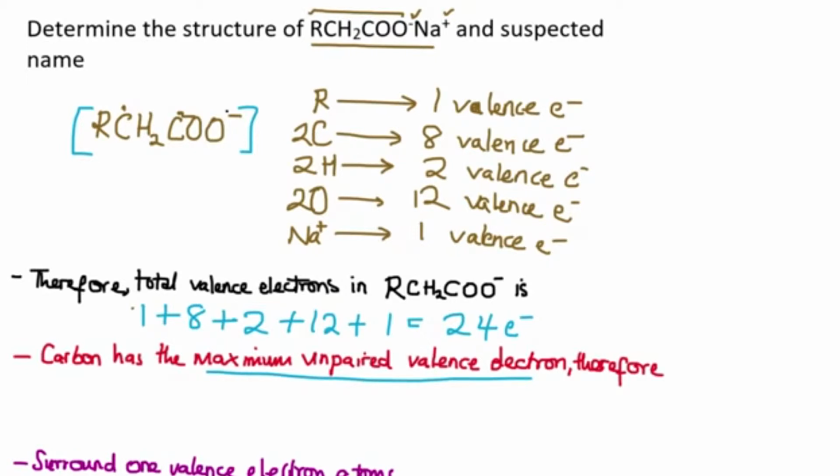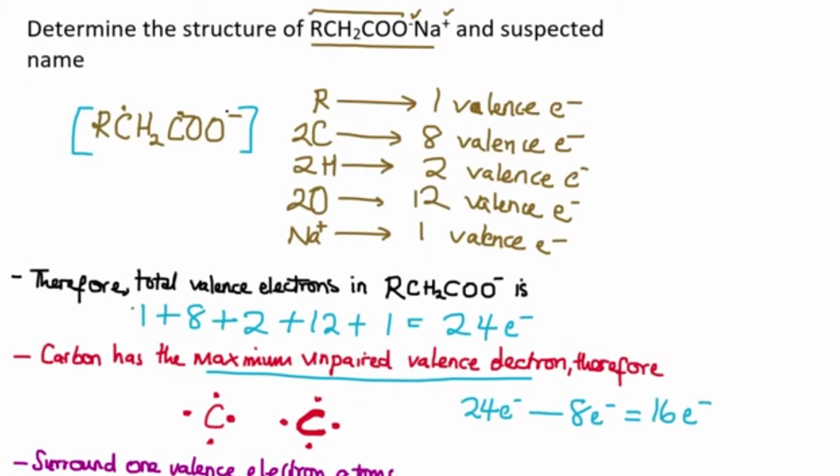So we know that carbon will come in, and we'll have 2 carbons, with 4 electrons coming in there. We'll differentiate one carbon from the other carbon. Once we have that, let's keep track of the number of electrons left. We have 24 valence electrons, subtract 8 from 24, and we get 16 electrons left.